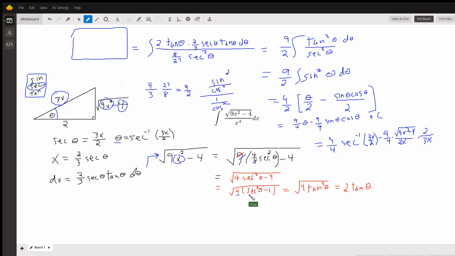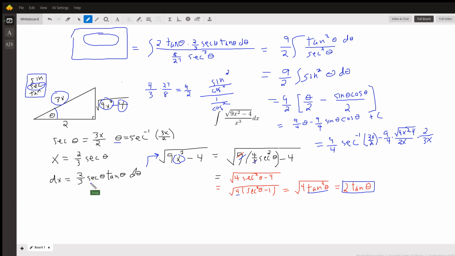There it is. And secant squared theta minus 1 can be replaced with tangent squared theta. And what do you know? We can take the square root of both factors and get 2 tangent theta. So that's what we replace this with. There it is, 2 tangent theta.